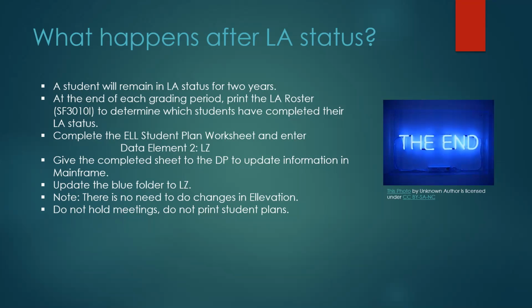All you have to do is just go to the blue folder, and in the front, you're going to change that from LA to LZ. When you do this change, there is no need to do any changes in Elevation, and there is no need to hold meetings or print any student plans. This could truly be the end of the ESOL compliance part for that student.